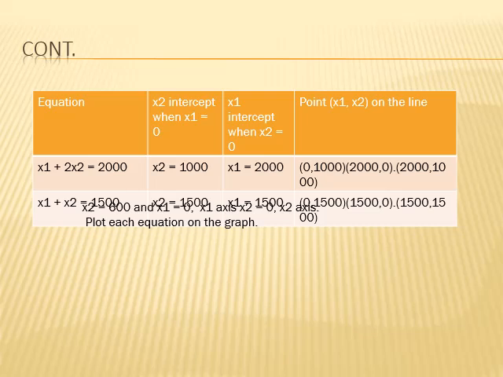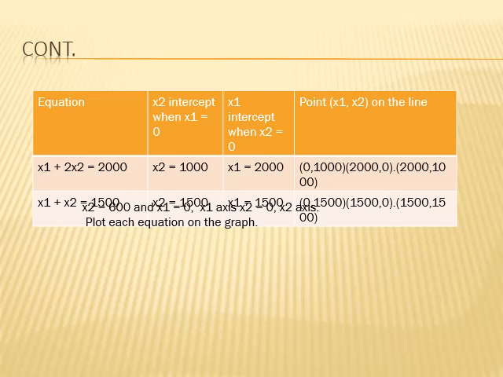Equation: x2 intercept when x equals 0, x1 intercept when x2 equals 0, and this is a point x1 and x2 on the line. Okay, now check the first equation.